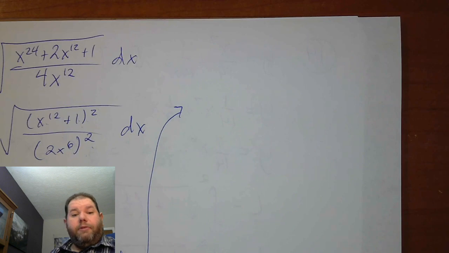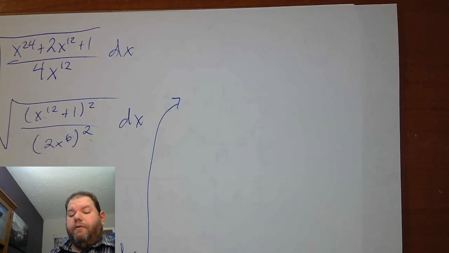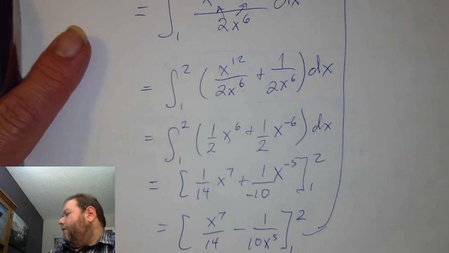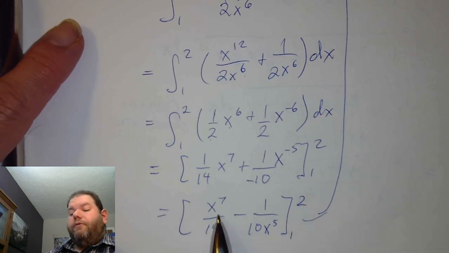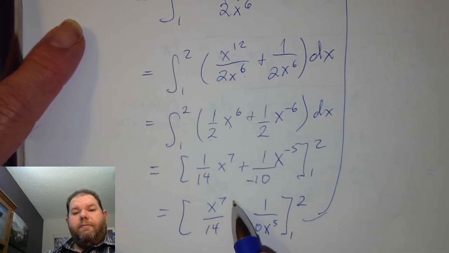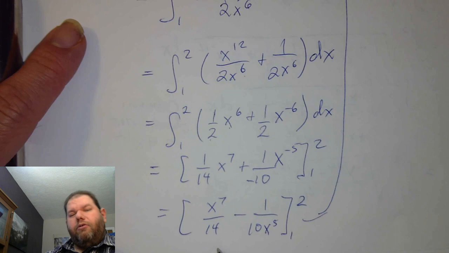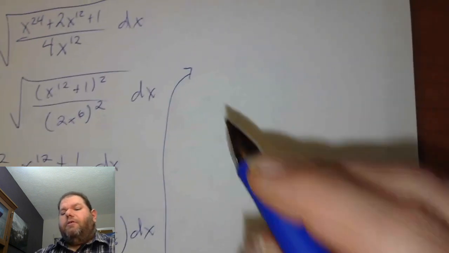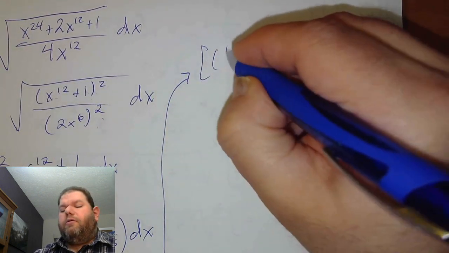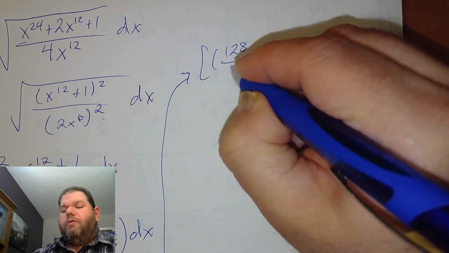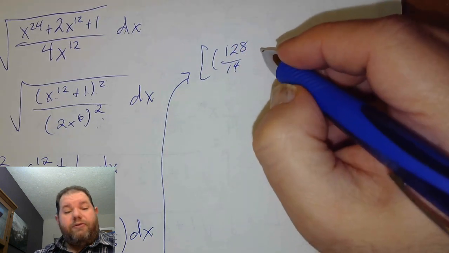Now we still need to complete the integration. So again, we have x to the 7 over 14. If we plug in 2, 2 to the 7th power is 128 over 14. And that certainly reduces, I don't know to what.